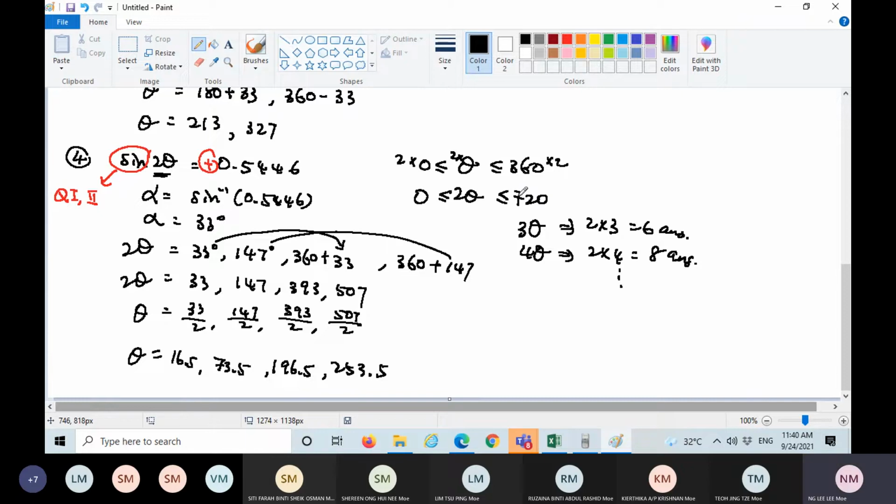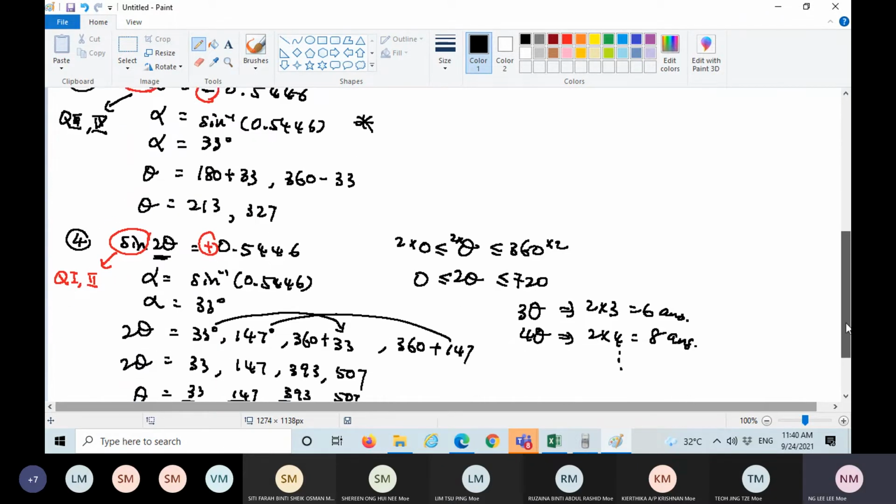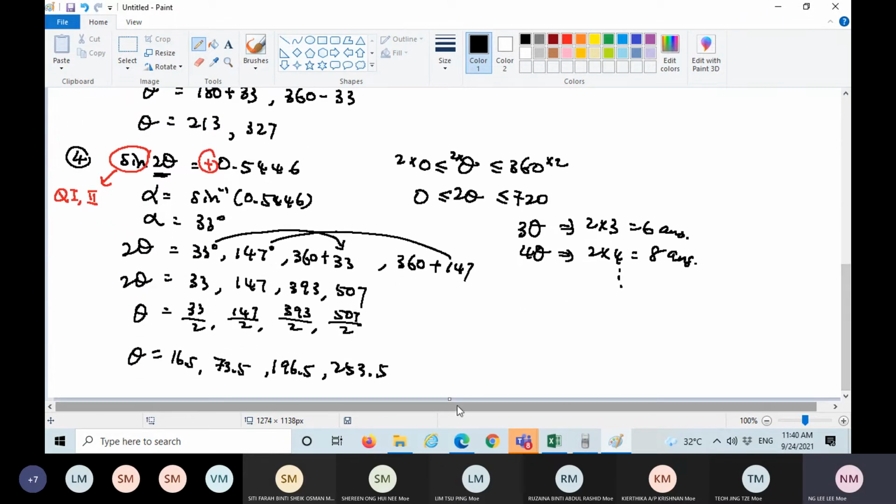So we come back to the textbook. The question A, I have actually done as your question number 3. And then the question B, I'm going to show you now.